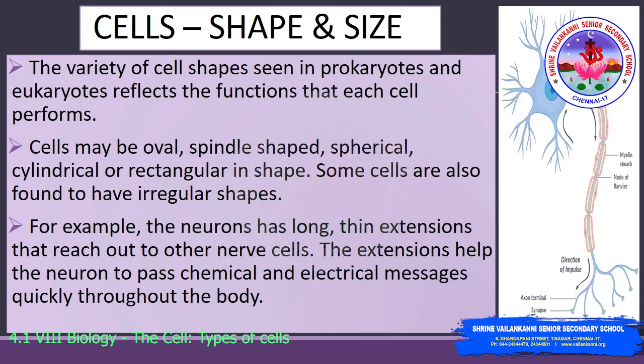Some cells are also found to have irregular shapes. For example, the neurons have long, thin extensions, as you can see in this picture, that reach out to other nerve cells. The extensions help the neuron to pass chemical and electrical messages quickly throughout the body.